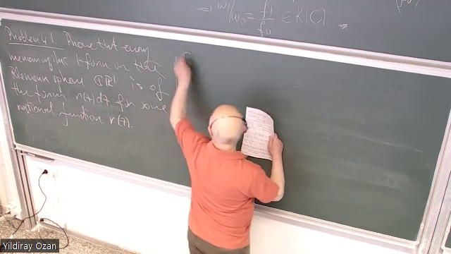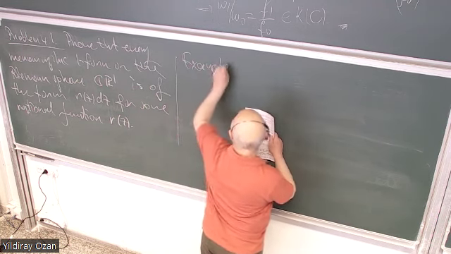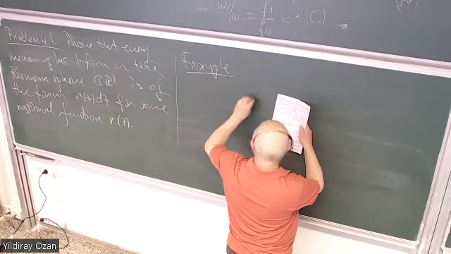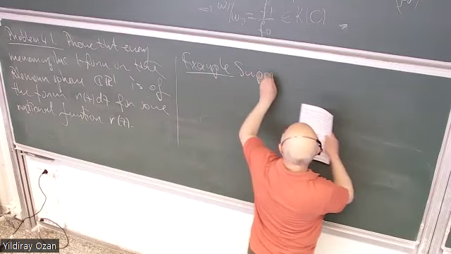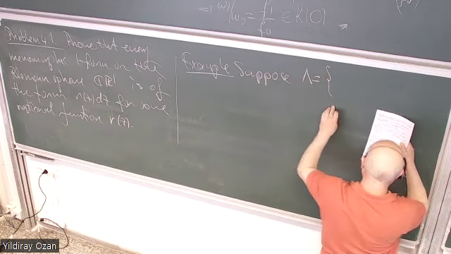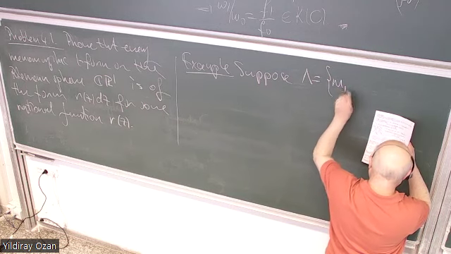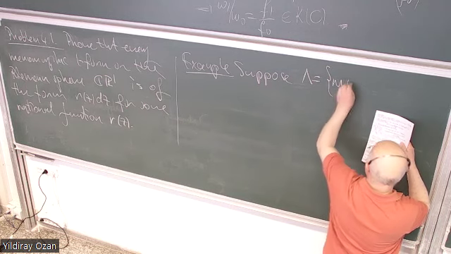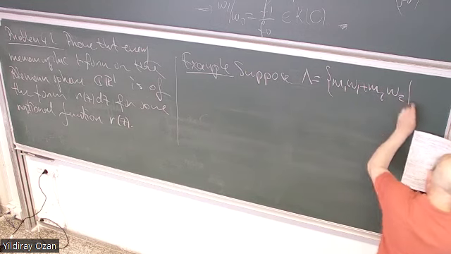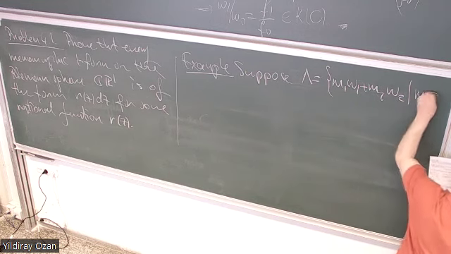Another example. Suppose lambda is the set of m1 w1 plus m2 w2, where mi is an integer.